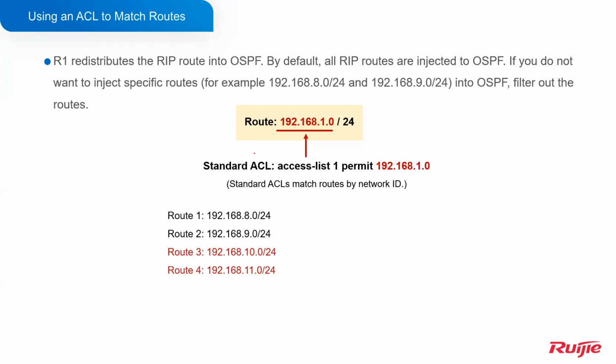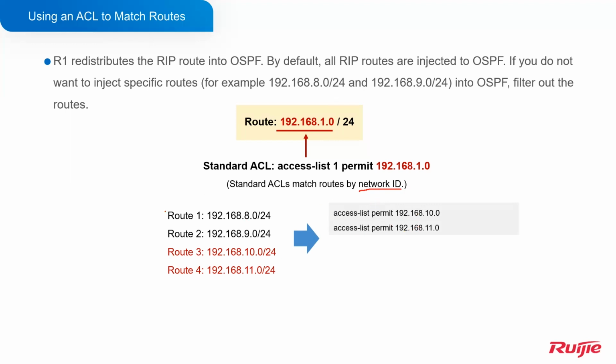So in this case, we can match this route, but actually it has some shortages because standard ACLs can only match routes by network ID, but cannot control the prefix length. So after using the ACL, you can see access list permit 192.168.10.0, access list permit 192.168.11.0.